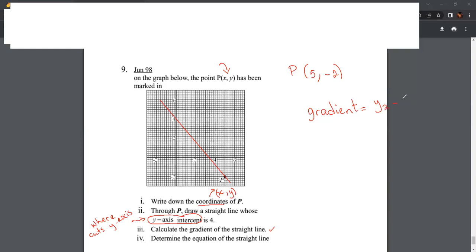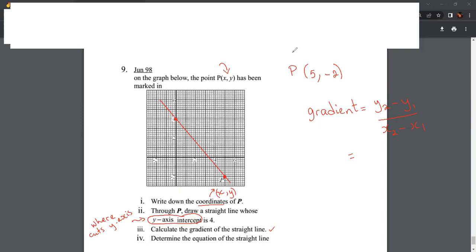So we have y2 minus y1 all over x2 minus x1. So I need any 2 points. Now what I like to do is go for the easiest points. They already gave us P. I'll go with easy to read.